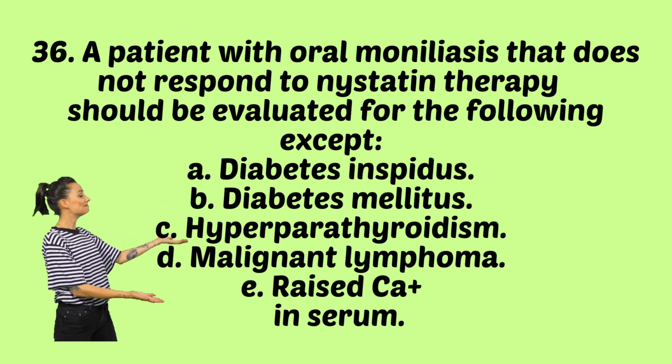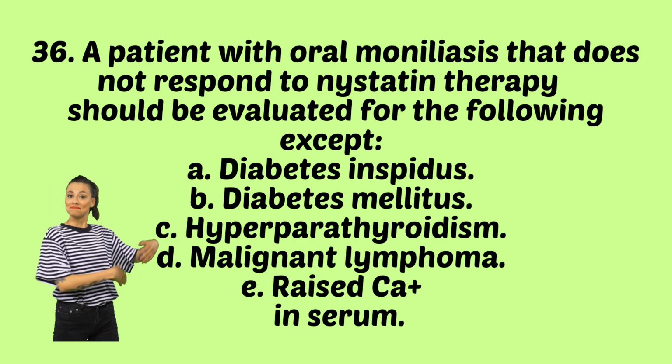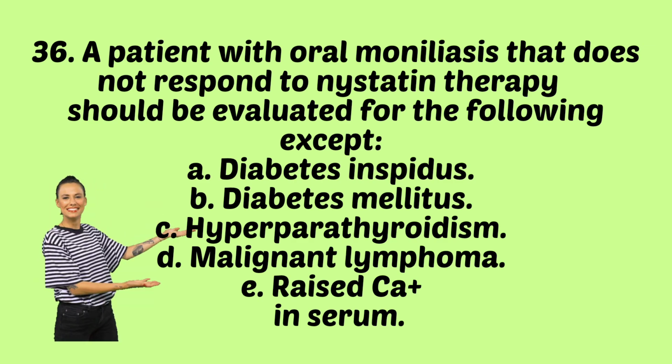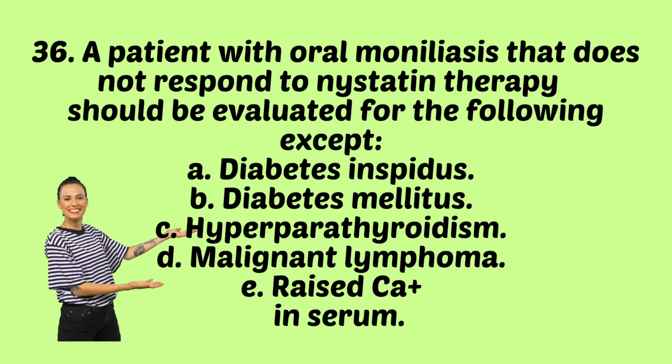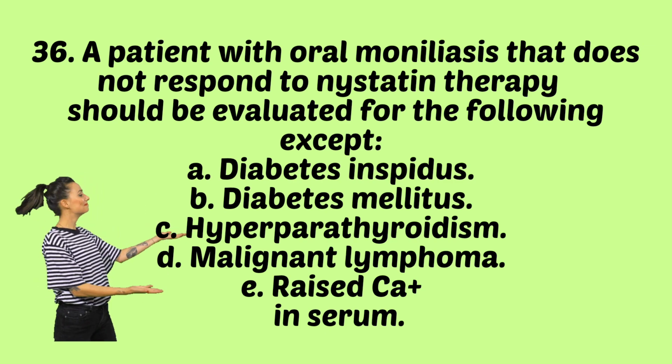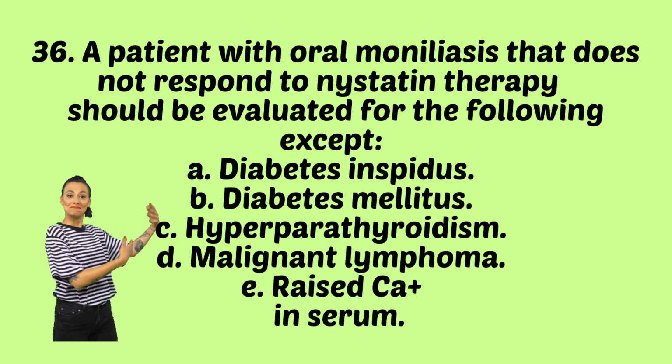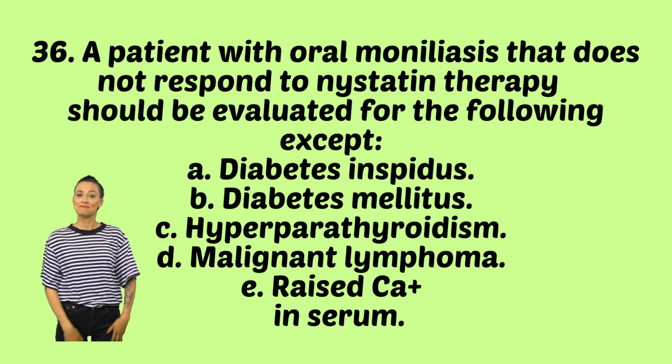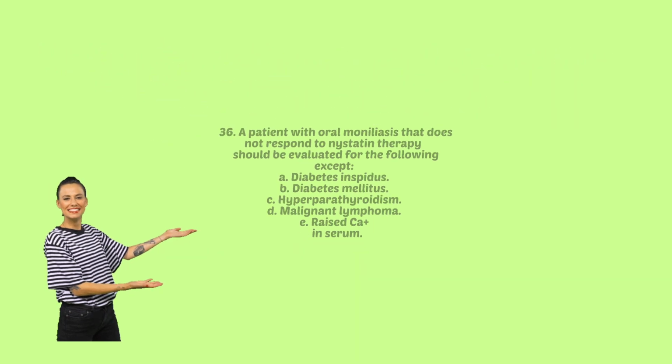A patient with oral moniliasis that does not respond to nystatin therapy should be evaluated for the following except A. Diabetes insipidus. B. Diabetes mellitus. C. Hyperparathyroidism. D. Malignant lymphoma. E. Raised Ca in serum. Option A is correct. Diabetes insipidus.